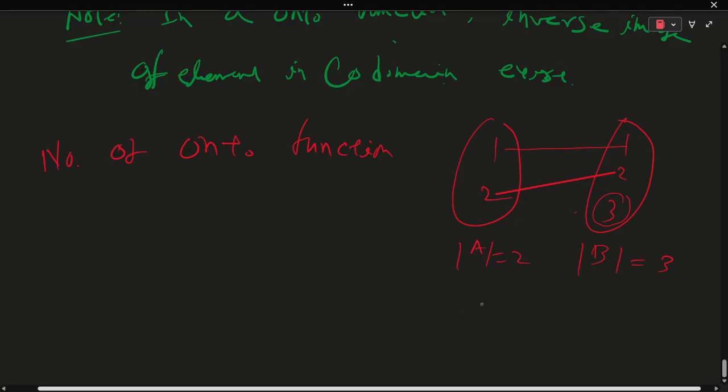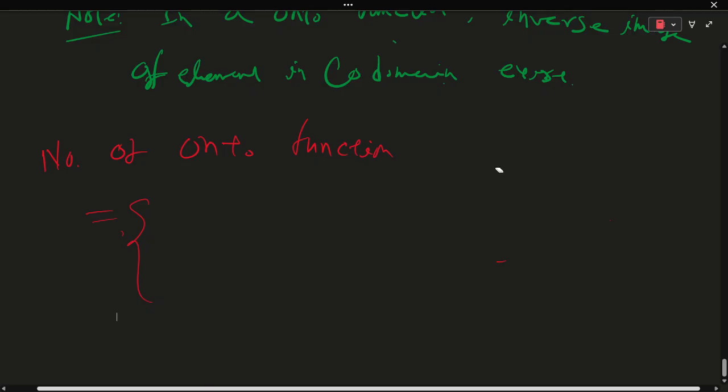Now, the number of onto functions from A, with cardinality m, to B, with cardinality n. There are two cases.